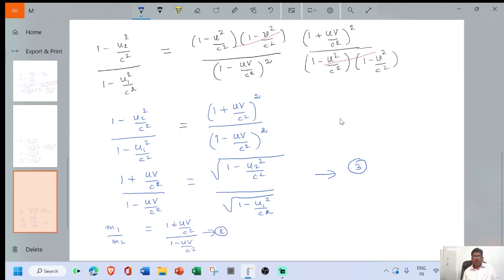From the equations 2 and 3, see this 1 plus uv by c square divided by 1 minus uv by c square is equal to this much. But m1 by m2 equal to 1 plus uv by c square into 1 minus uv by c square. From the equations 2 and 3, it is clear that the value of m1 by m2 is equal to this much.